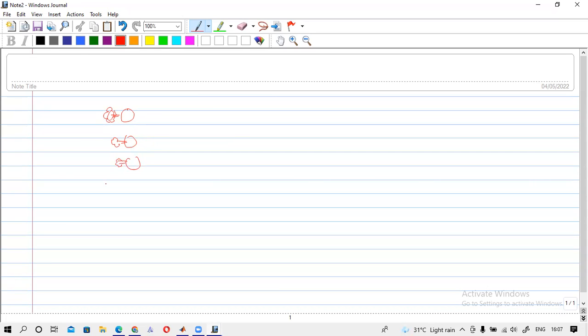Now you are rotating this axis. Then there is a magnetic field, and this conductor will cut the magnetic field and generate a voltage.